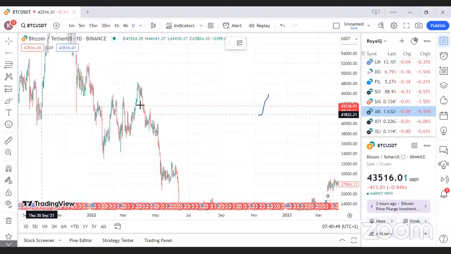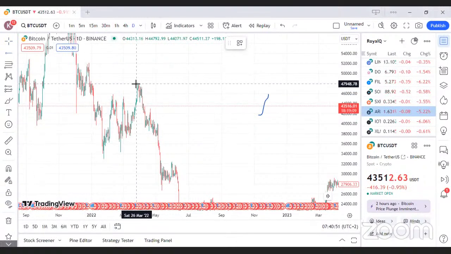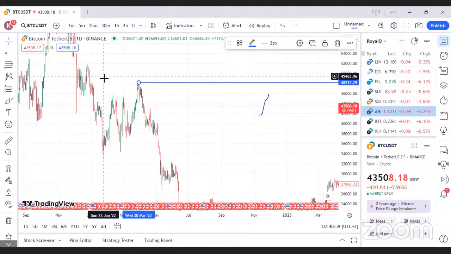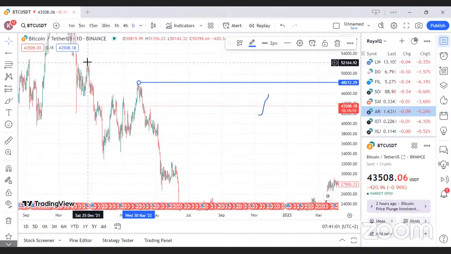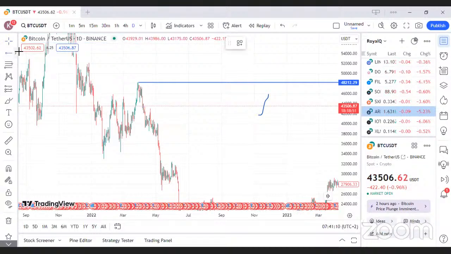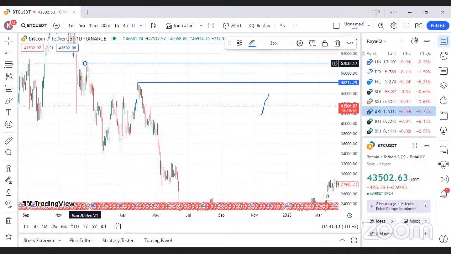I'll draw a horizontal line. This was a high. This high is seated around $48,000. So that is one. But then we have this high here. So these are the two points. But the reason why I'm taking 50,000 is because institutions want to get in at around those prices.